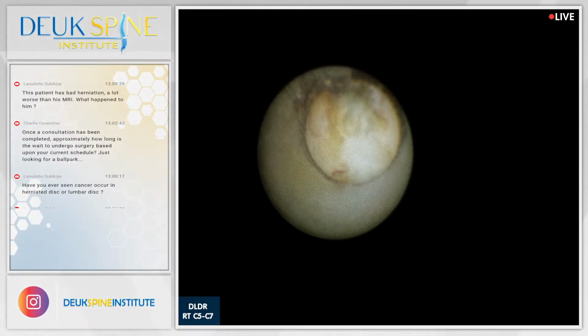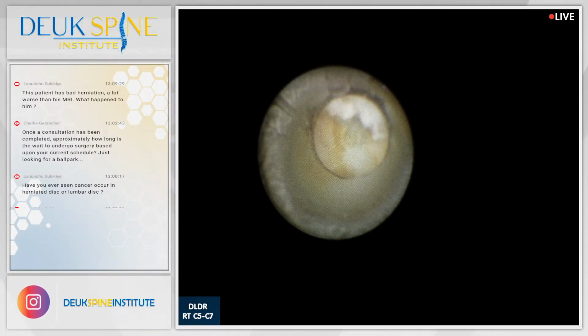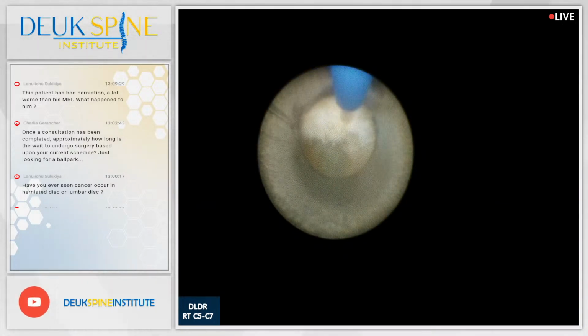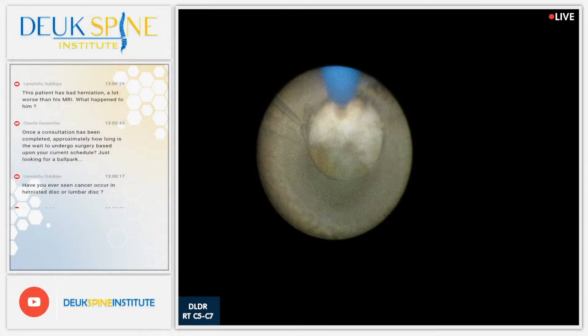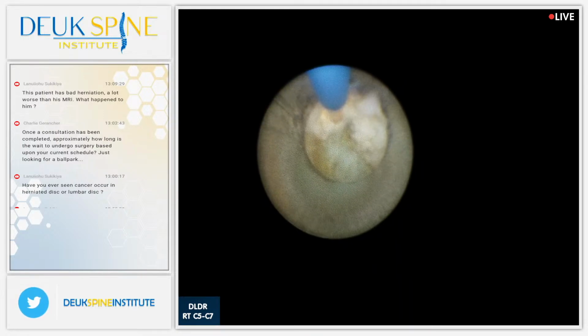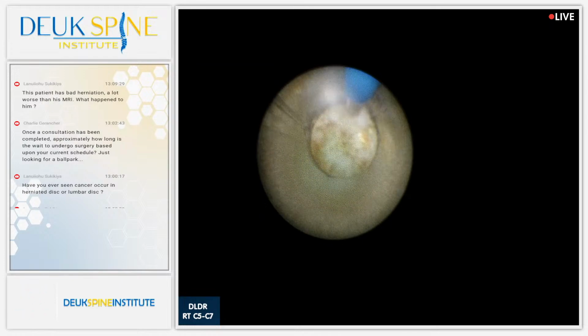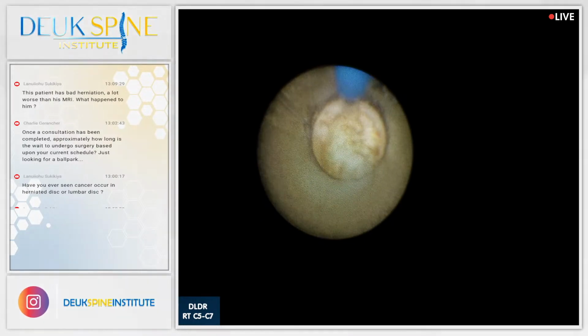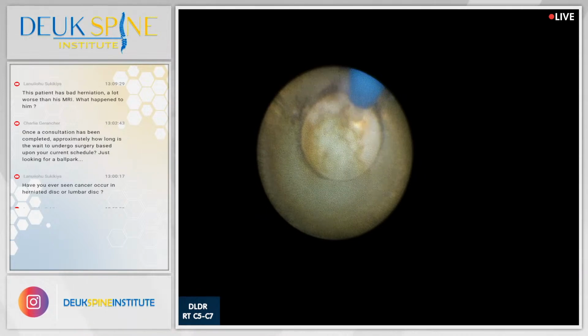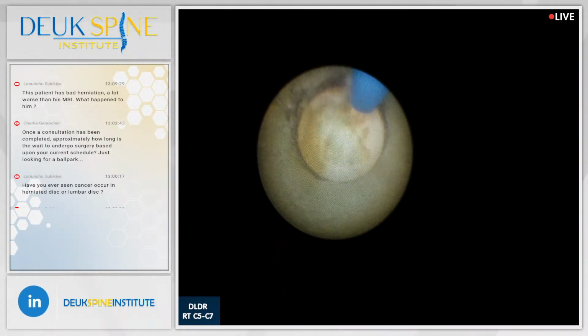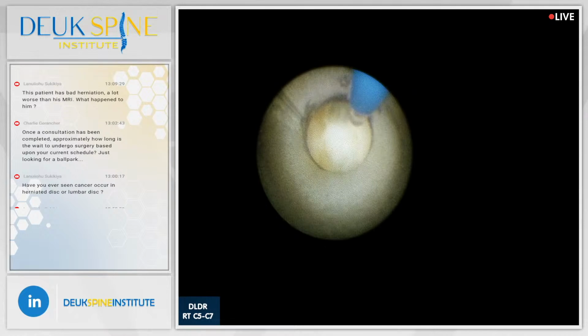Just want to make sure I've gotten all I can from here. I've advanced the laser fiber. That looks really good.